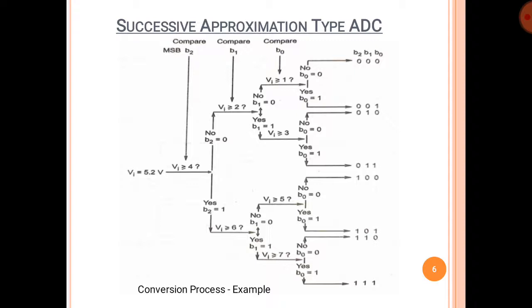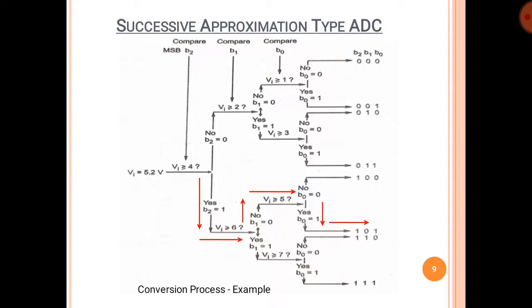Is the input voltage greater than or equal to 4? As it is greater than 4, I will go down, and again I will compare whether the input voltage is greater than or equal to 6. As it is less than 6, I will go up, and again I will check whether the input is greater than or equal to 5. As 5.2 is greater than 5, I will again go down, and I will get the output as 101.